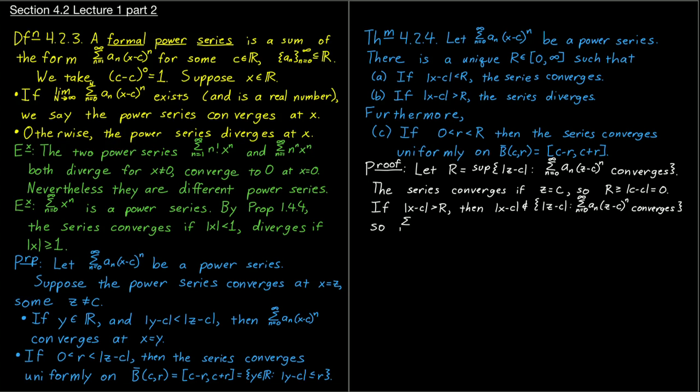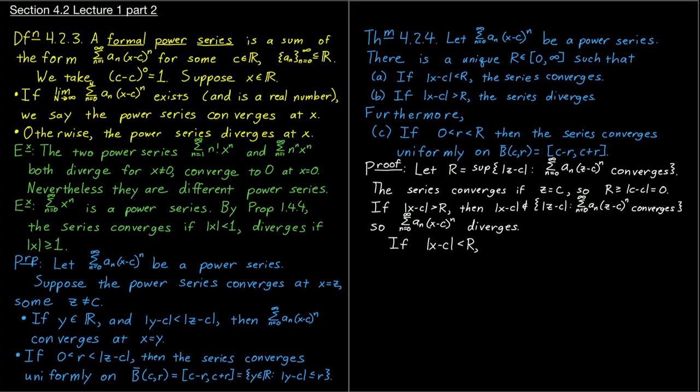So the series diverges because it doesn't converge. And then if |x − c| is less than R, |x − c| is not an upper bound on that set.